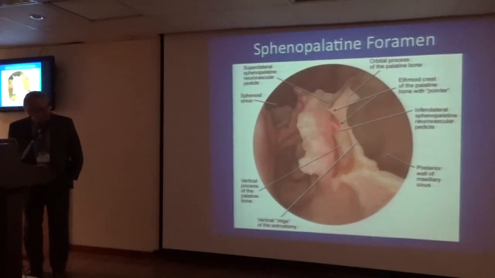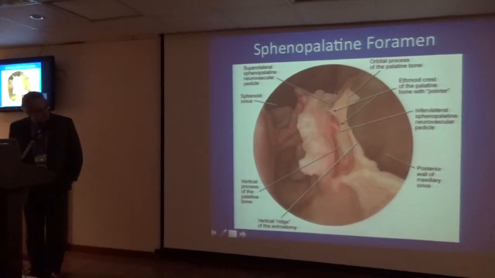And so when you elevate, this is just out of my book, these are based on real endoscopic pictures, and you can see here, this is the vertical crest of the antrostomy right here. This is the insertion of the inferior turbinate. Actually, the inferior turbinate had been already removed, but normally the upper part of this is the vertical part of the antrostomy. And then you can see there's a bigger opening.